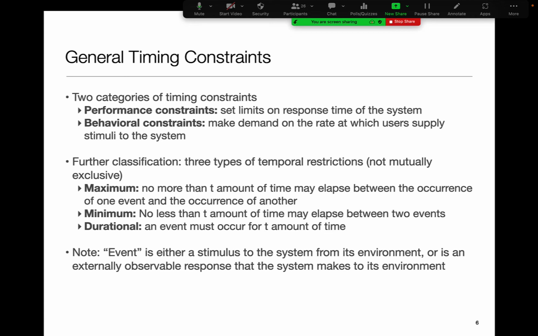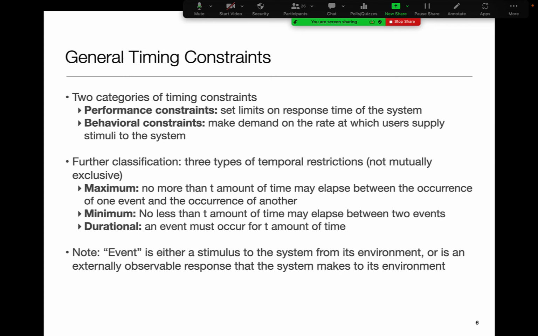Sticking to timing, one can say that timing constraints can fall into three categories. Sometimes we have constraints which are about maximum time. For example, we may make a statement that between two events, no more than this time should elapse.